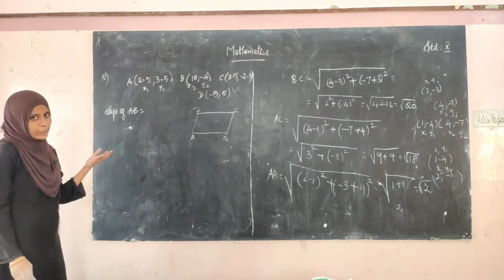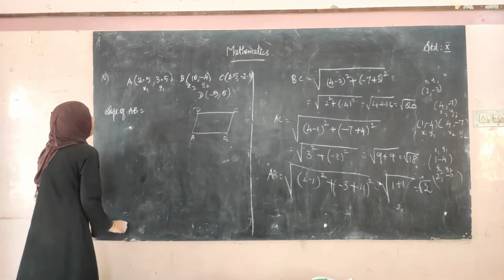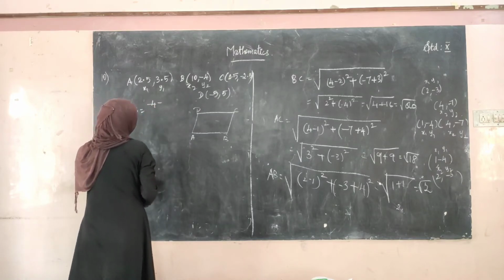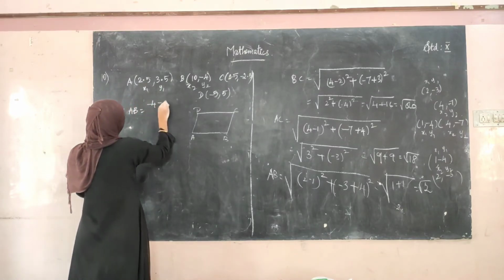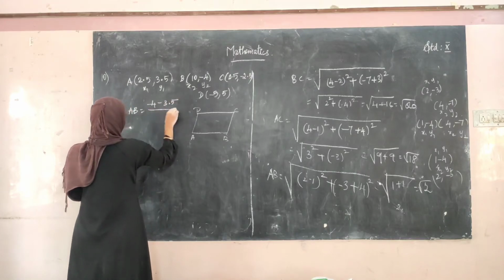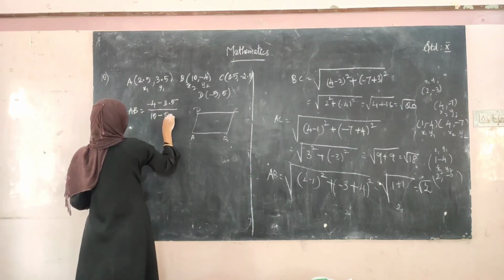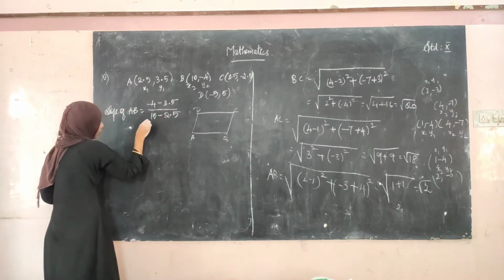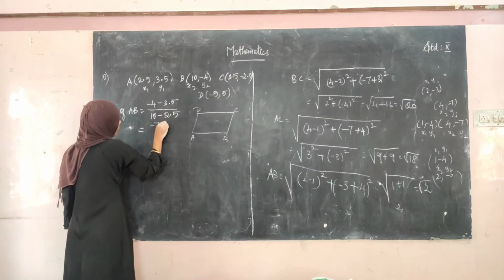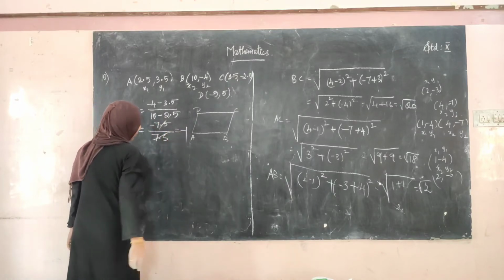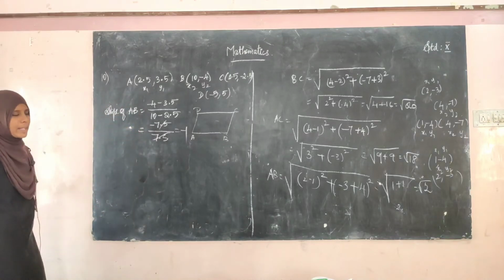Okay, the formula is y2 minus y1 divided by x2 minus x1. What is y2 here? Y2 is minus 4 minus of, what is y1 here? y1 is 3.5 divided by x2 is 10. 10 minus of, what is x1? It is 2.5. So, which is equal to minus 7.5 over 7.5, which is equal to minus 1. Okay, slope of AB is minus 1.